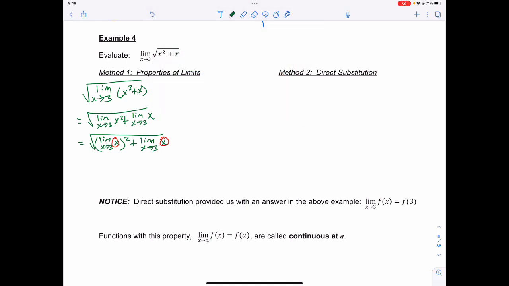And I'm going to get the square root of, replace the limit with 3 squared plus replace the limit with 3. This is going to give me the square root of 3 squared plus 3 is going to be 12, which is the same as 2 root 3.